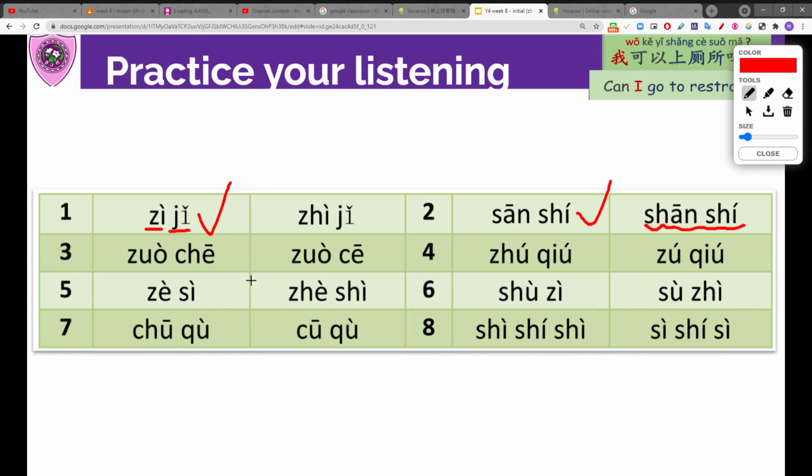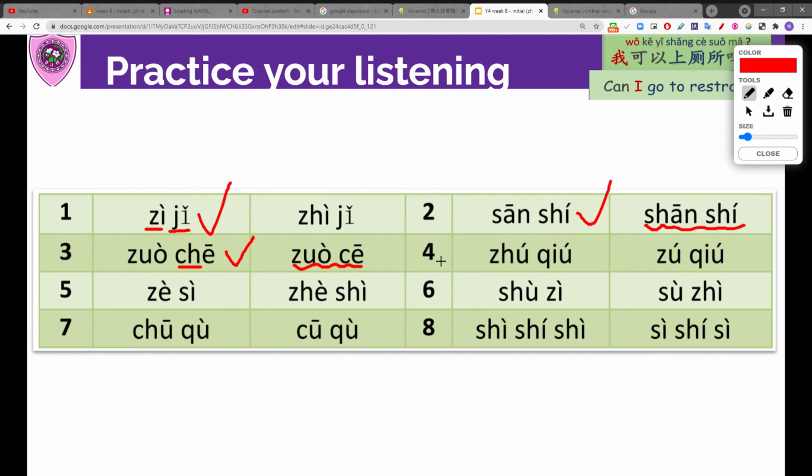The answer is the left one again, because 坐 is z, and this one, ch in pinyin, we call it the chi sound. You have to roll up your tongue. If I was saying the other one, I would say 坐车, so it's not this one. It should be 坐车. Did you get it correct?